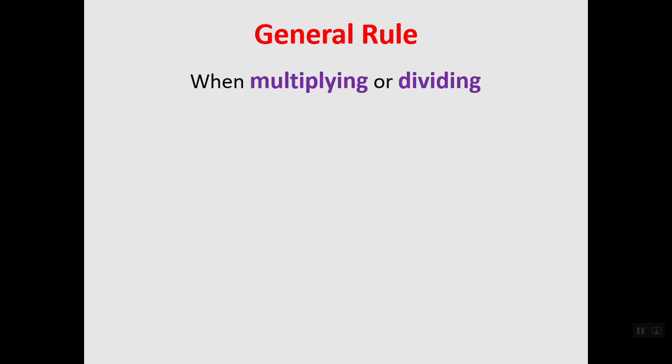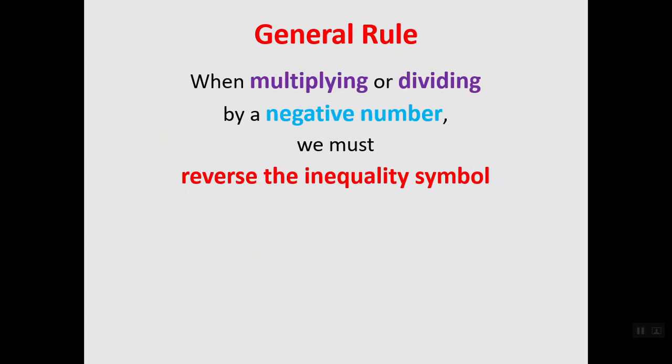But when multiplying or dividing by a negative number, we must reverse the inequality symbol for it to remain a true statement. So you need to write this down on your note sheet. If you need extra time, just pause the video and then start it again when you're finished writing.